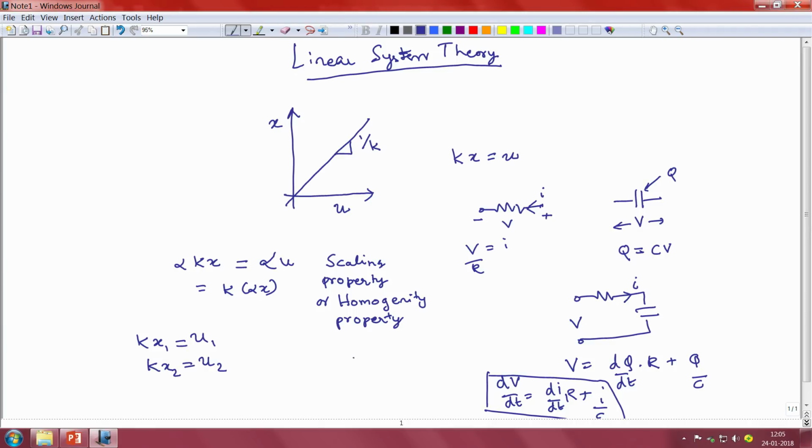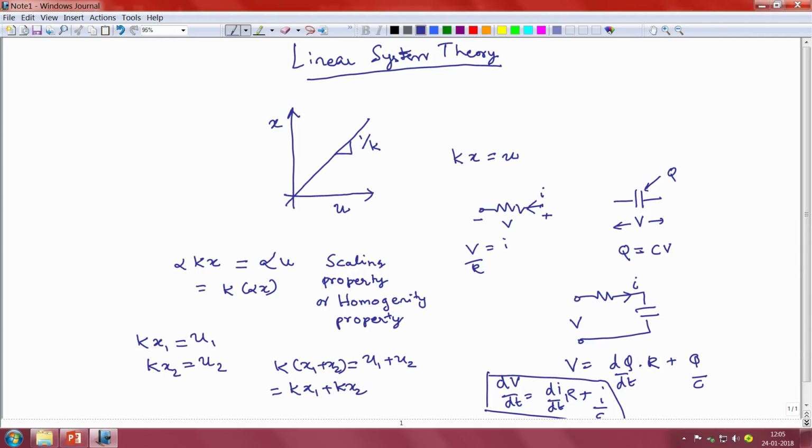Then if I apply an input of u1 plus u2, then I know that the output would be k times x1 plus x2, which I can rewrite as k times x1 plus k times x2.